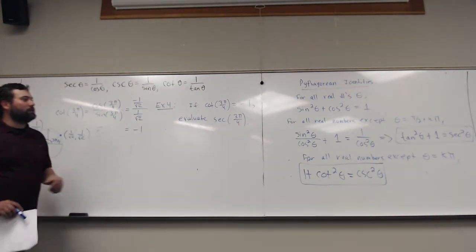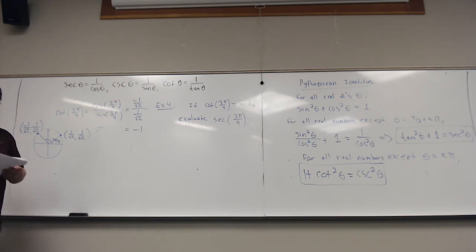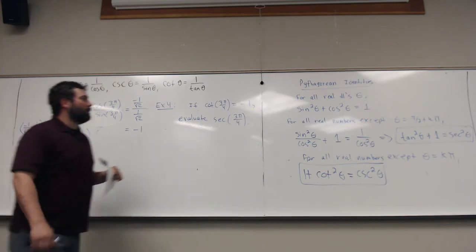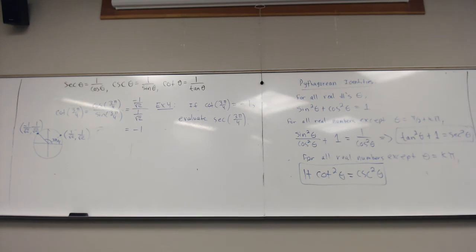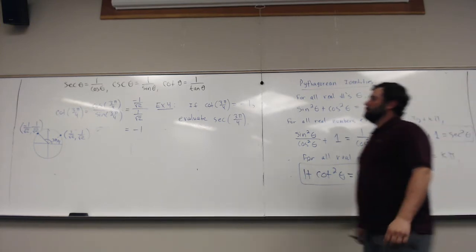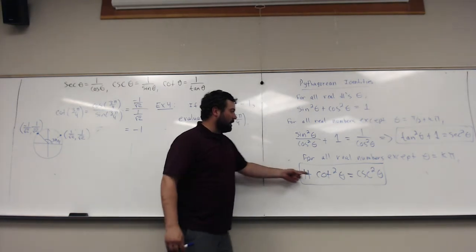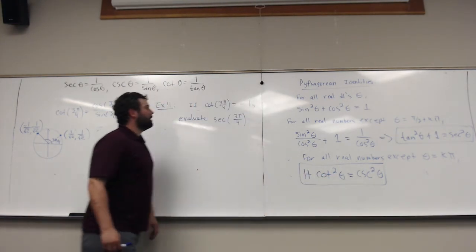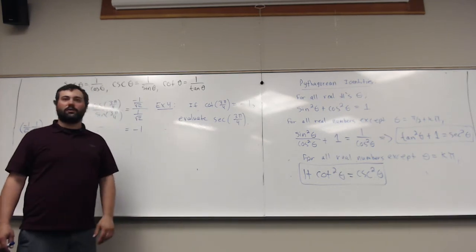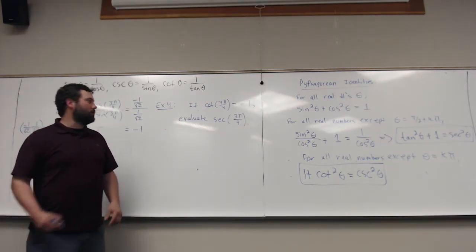Okay, so if I know cotangent and I want secant, which one of these identities can I use first? And actually, I might have a typo here. So if you look at the third identity, that's the only one involving cotangent. So what was my mistake? Instead of secant, we should really be evaluating cosecant.